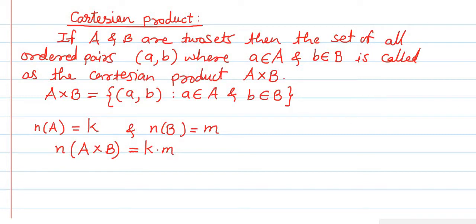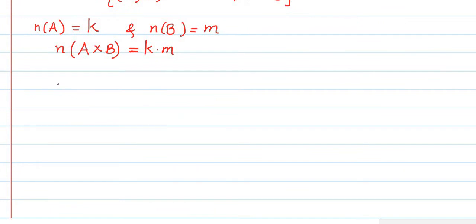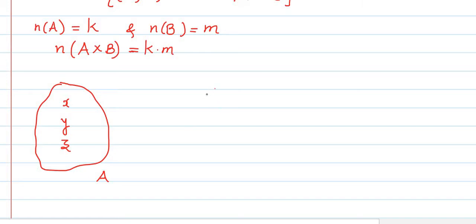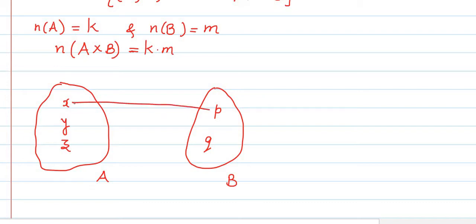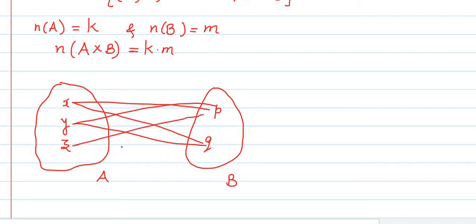We will consider one example of the Cartesian product. Let us suppose that we have the set A, consisting of three elements x, y, z. And suppose we have another set B, consisting of elements p and q. Then we can form the ordered pairs such as (x, p), (x, q), (y, p), (y, q), and finally (z, p), (z, q).